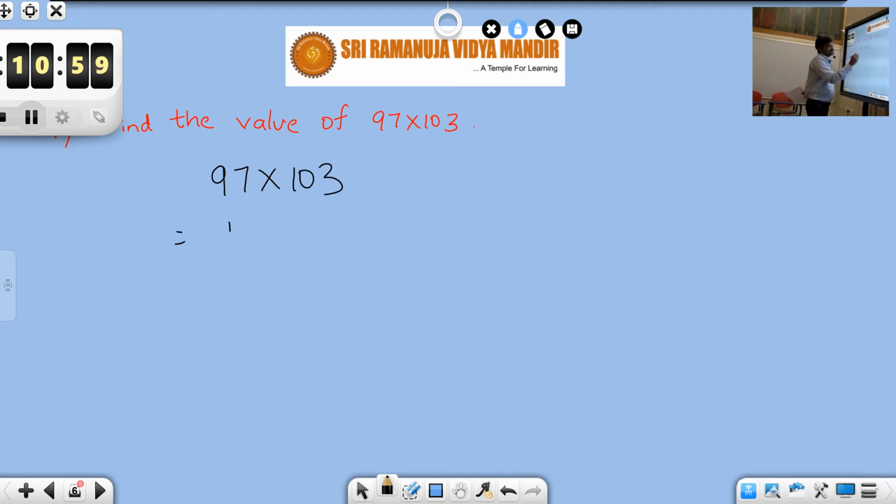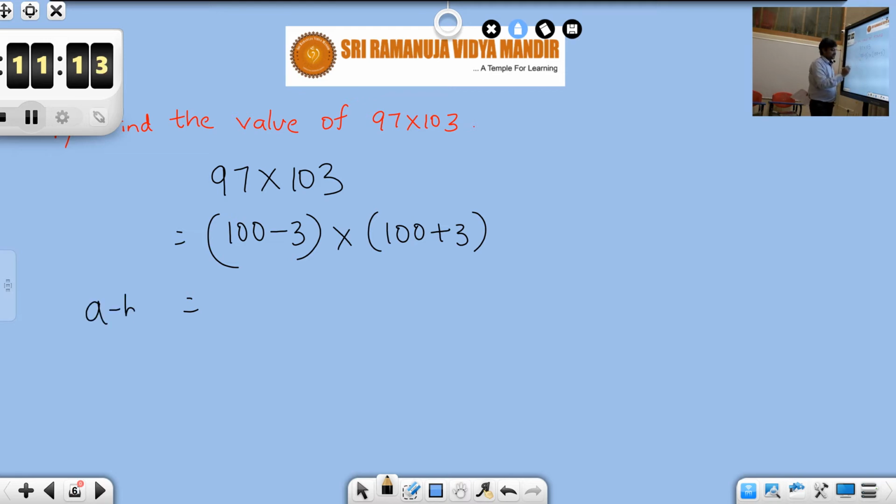So we can write 97 as 100 minus 3, and 103 as 100 plus 3. Now using the identity a minus b into a plus b is equal to a square minus b square.